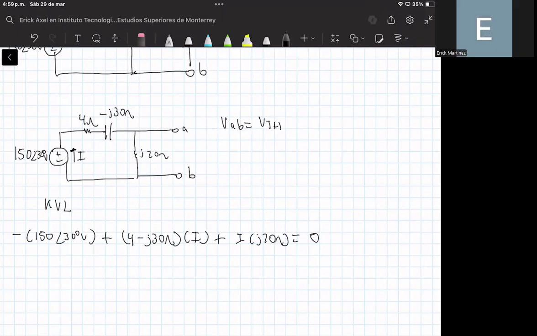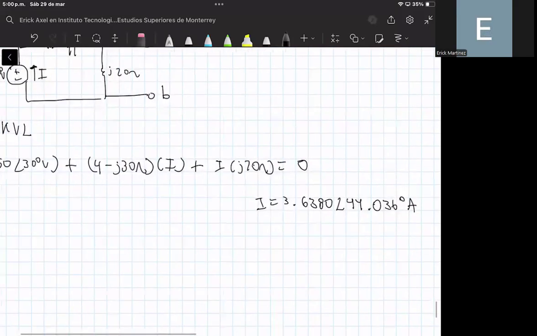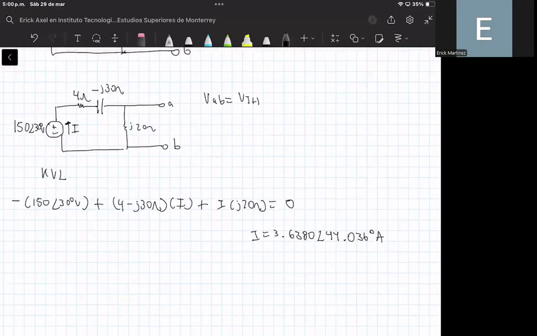So we have here that I is equal to 3.638 with an angle of 44.036 degrees amperes. And we know that the voltage between terminals A and B, remember that the current will flow in this direction, is equal to the voltage of the inductor, that is equal to I times the impedance of the inductor.